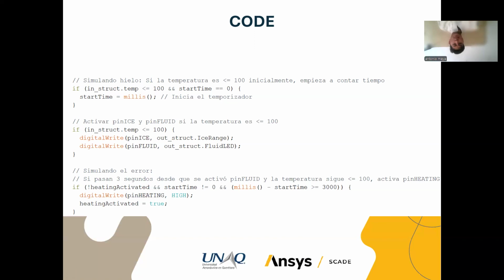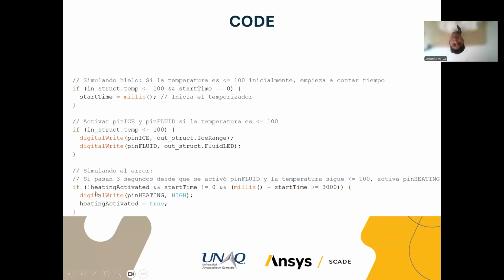This difference between the millis function, which is going to take the next value of time in which the temperature is less than 100, and the starting time that we set at the beginning, if the difference is greater than 3 seconds, then the subsystem is going to be activated. And it's going to be the same for the next subsystem, that is the alarm. But in that part, we're going to set this time to another 5 seconds, which makes 8.